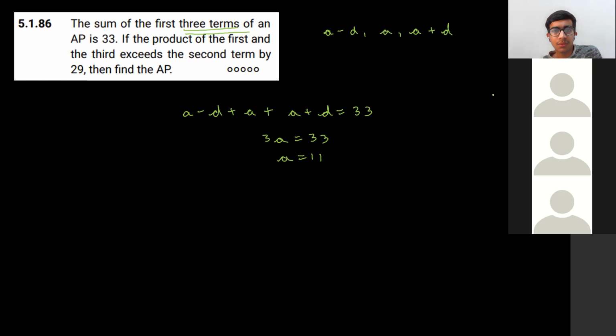Okay. So the product of the first and the third term exceeds the second term by 29.